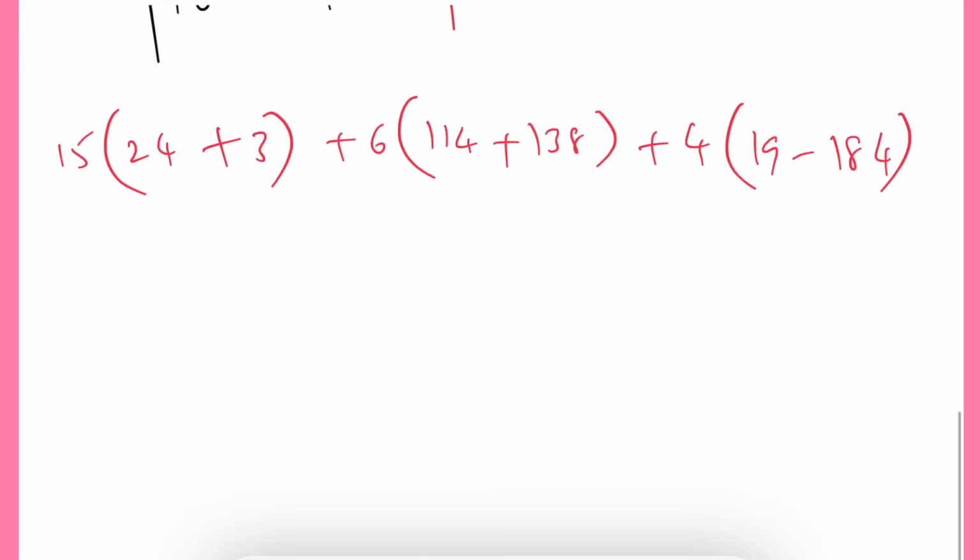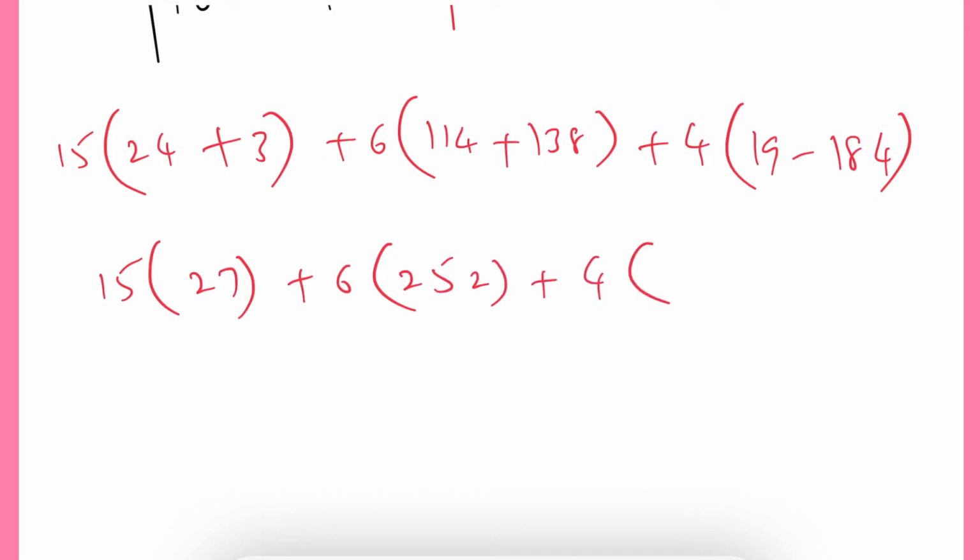Okay, let us simplify this further now. 15 times 24 plus 3 is nothing but 27, plus 6 times 114 plus 138, it is nothing but 252, plus 4 times 19 minus 184, it is minus 165. Okay, let us simplify this further now.